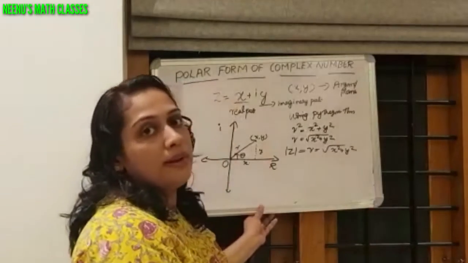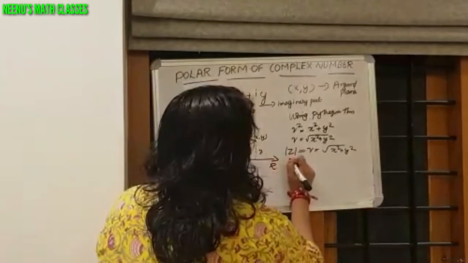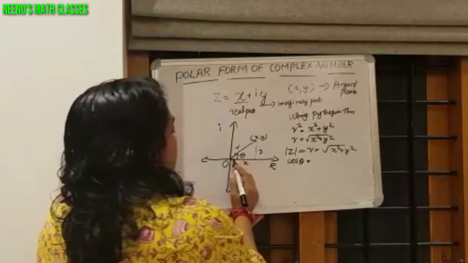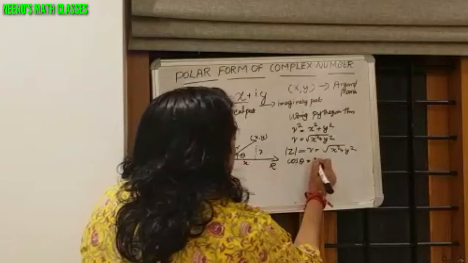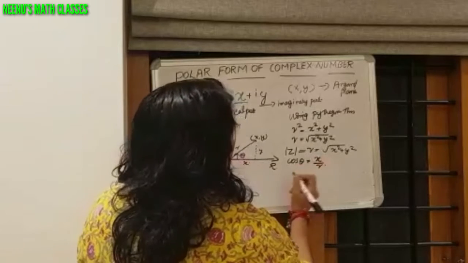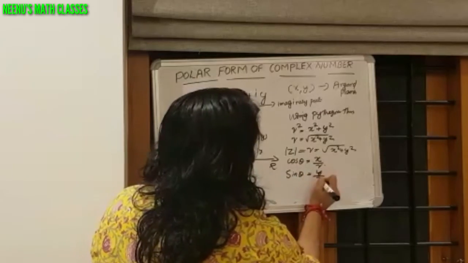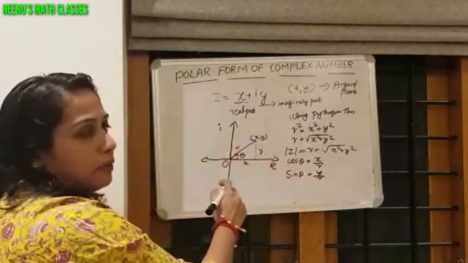Also, by trigonometric ratios, what is cos theta? Cos theta equals the adjacent side x by the hypotenuse, that is x by r. Also sin theta equals y by r, the opposite side by the hypotenuse.